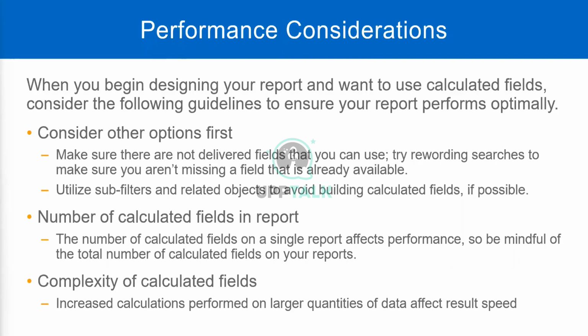If you are looking at compensation, try remuneration, try base pay, try salary, try monetary allowance, try whatever, any word that you can think of in terms of compensation. Try to come up with different words. Try rewording your searches to make sure you aren't missing a field that is already available.